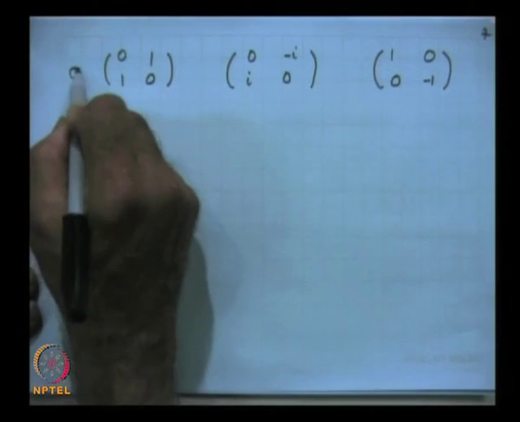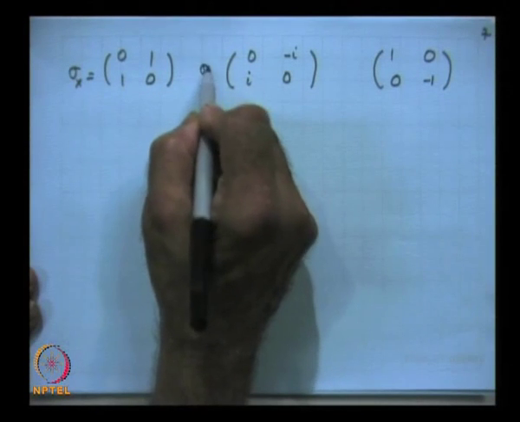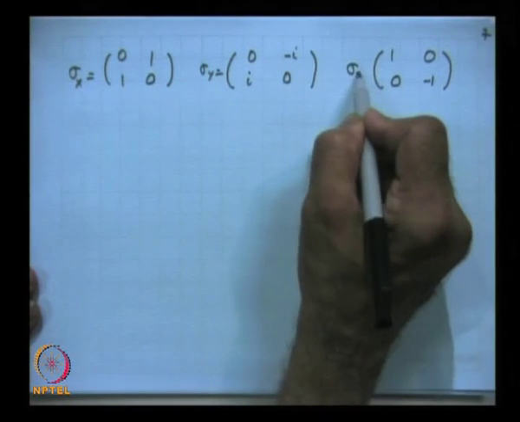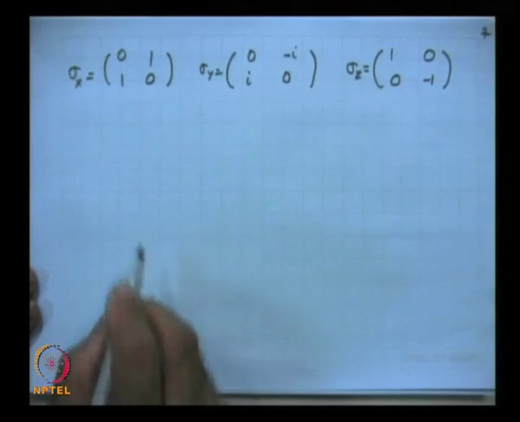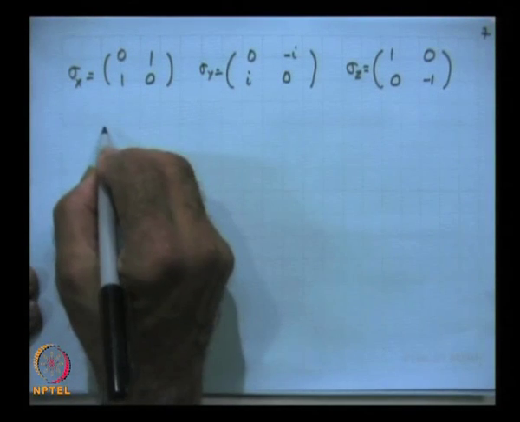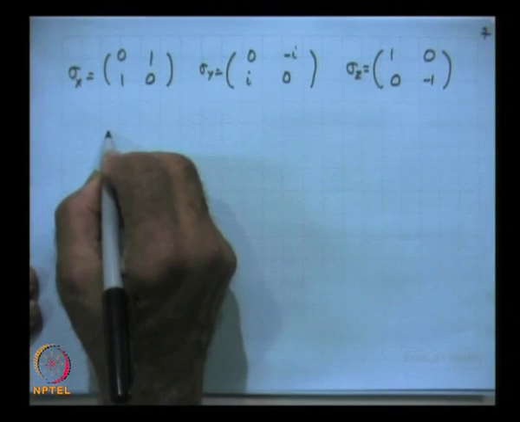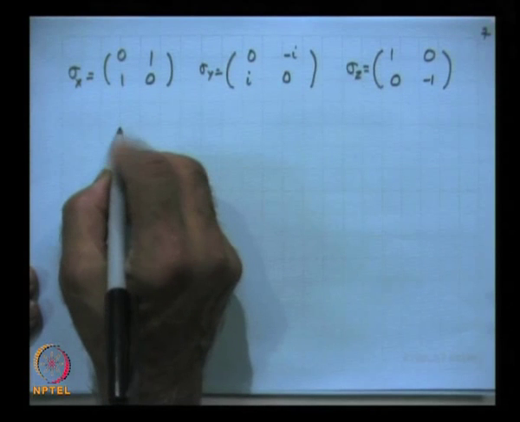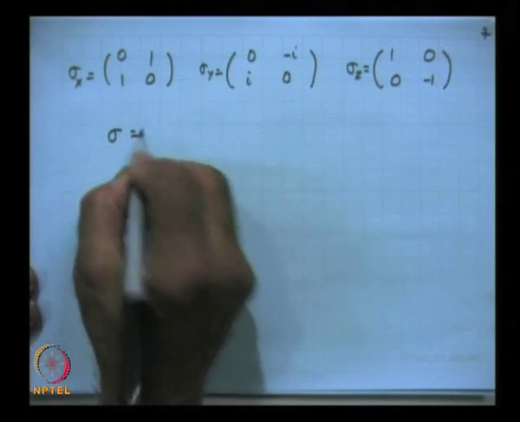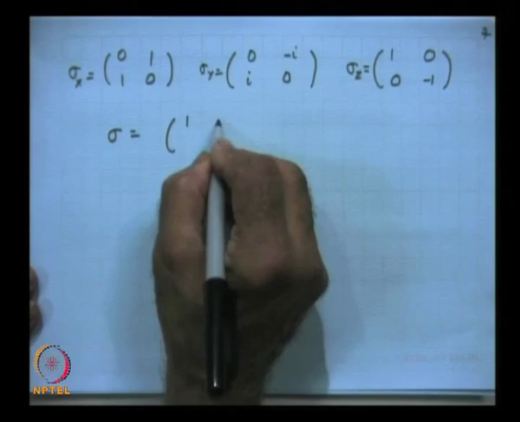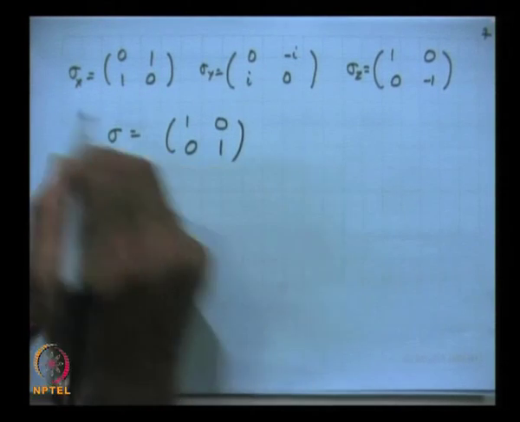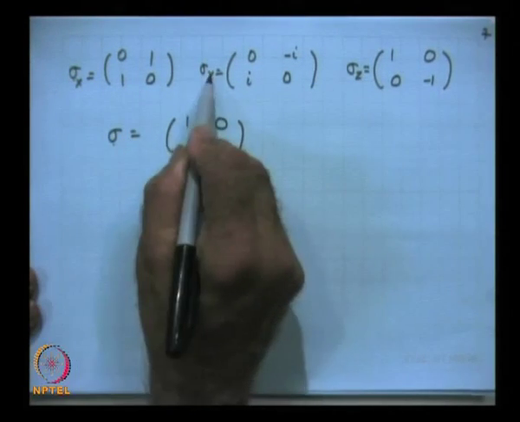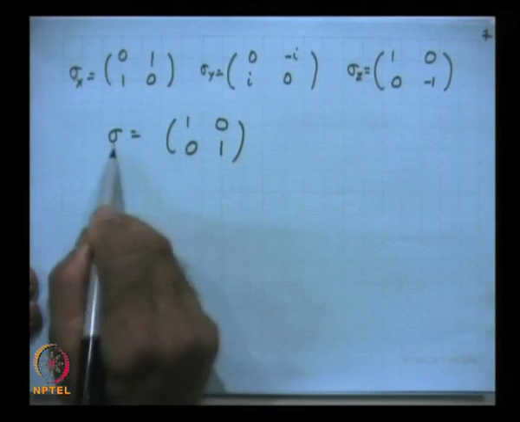They are denoted by sigma x, sigma y and sigma z. However, each one of them commutes with the sigma square matrix, which is 1 0, 0 1. Sigma x commutes with sigma square, sigma y commutes with sigma square, sigma z commutes with sigma square.